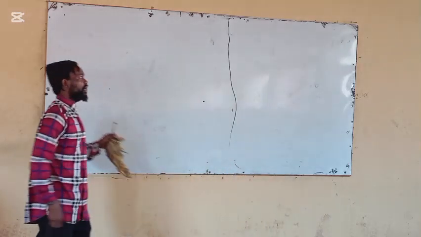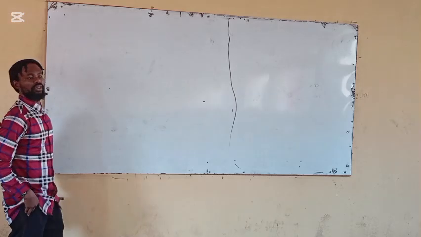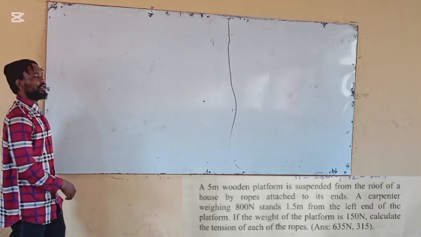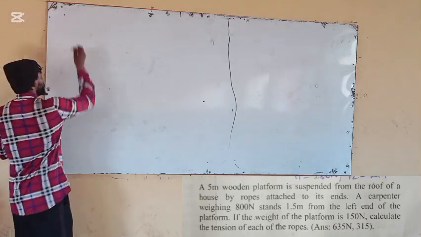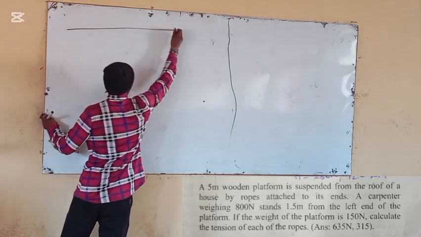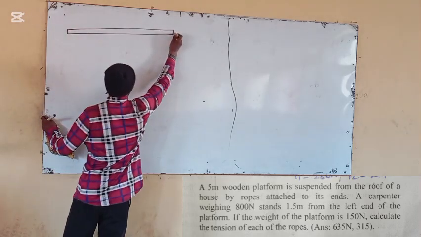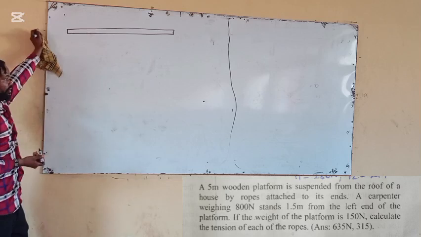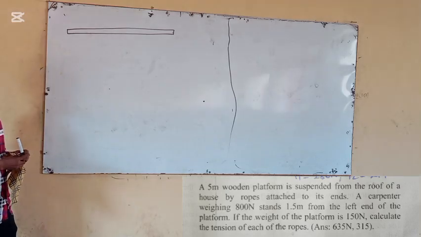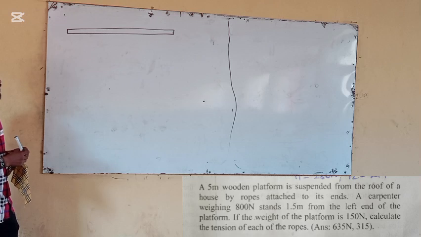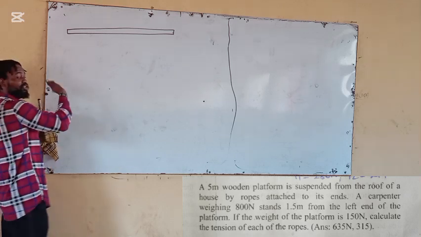Please read the question. Suspended from the roof of the house. The 5-meter platform is suspended from the roof of a house, rope attached to its ends.